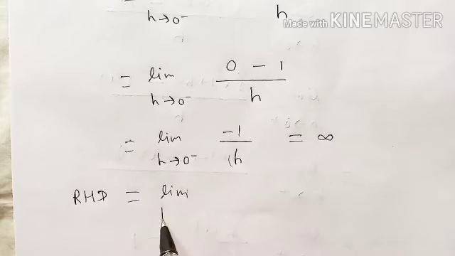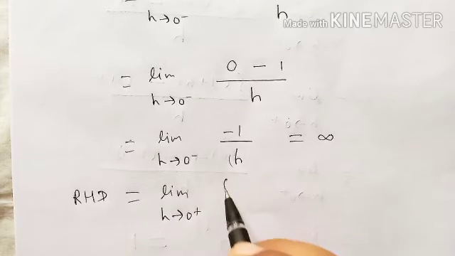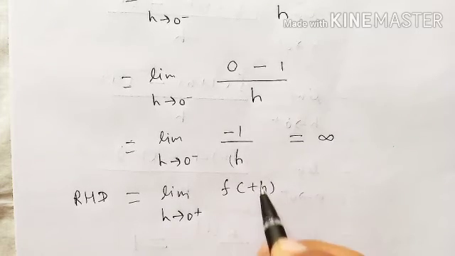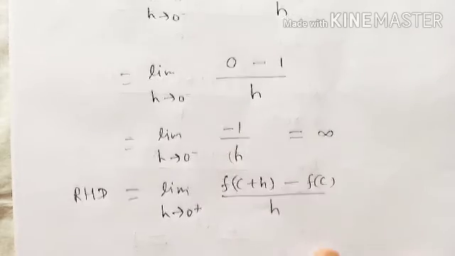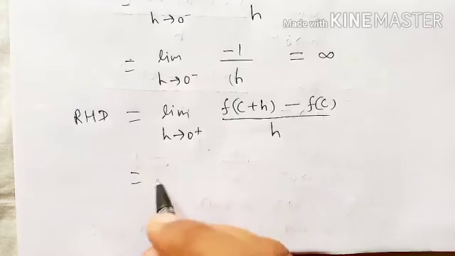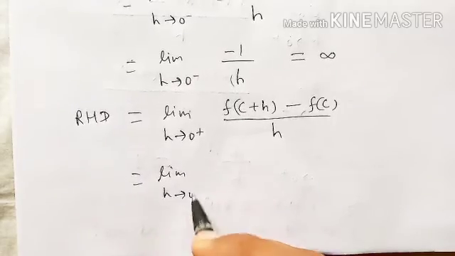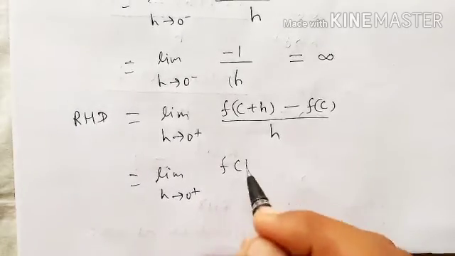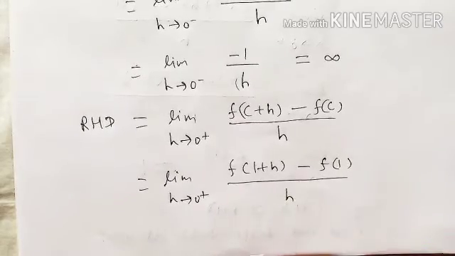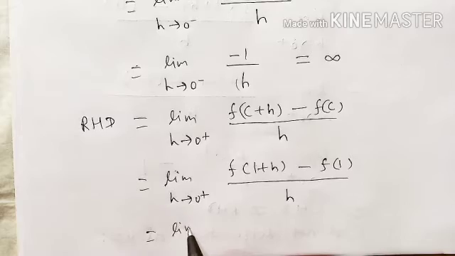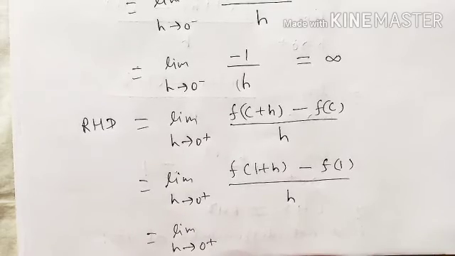Now RHD, limit h tends to 0 plus of f(c + h) − f(c) by h. This is equal to limit h tends to 0 plus of f(1 + h) − f(1) by h. Here h is positive, a very small positive value.